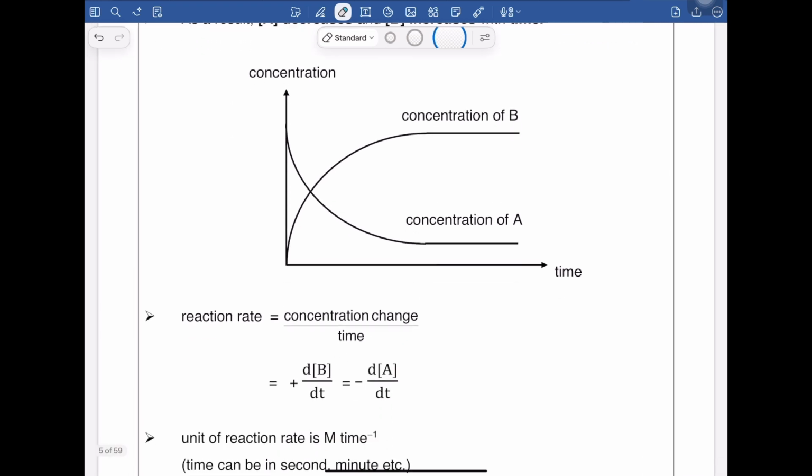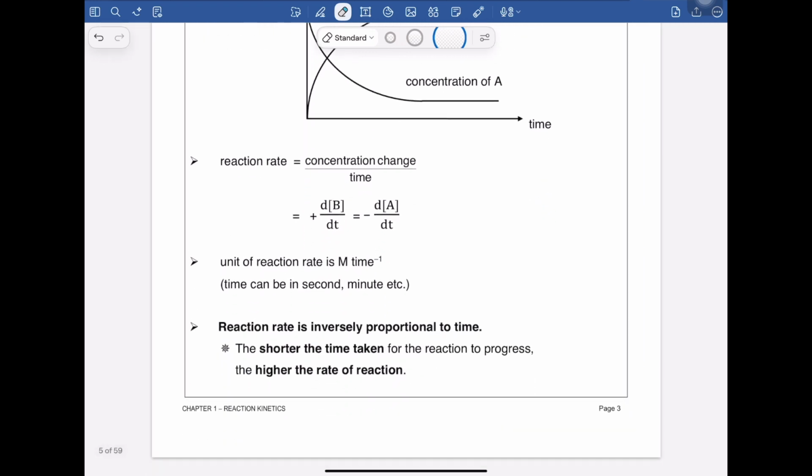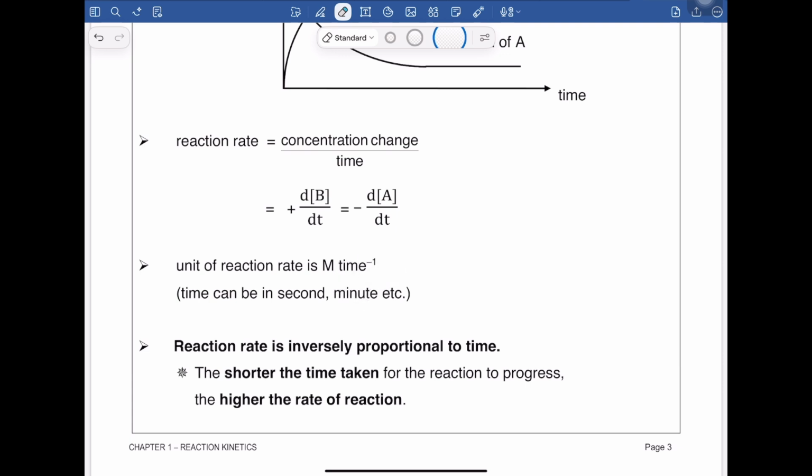When you want to calculate the reaction rate, of course, it is concentration over time. The time can be second, minute, day, or hour, depending on the questions. Reaction rate is inversely proportional to time, which means the shorter the time taken for the reaction to progress, of course, the higher the rate of reaction.